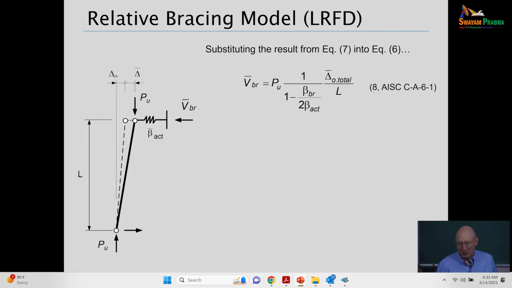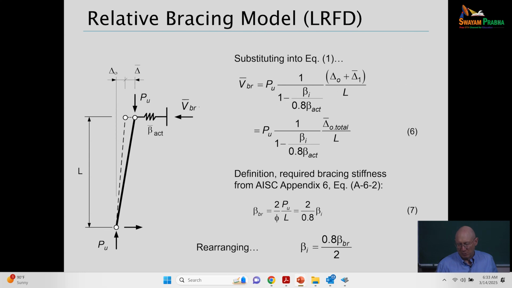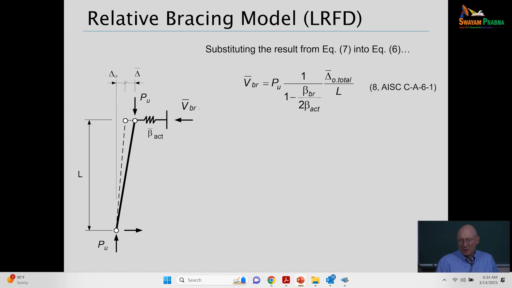And if we substitute that result from equation 7 into equation 6, beta I equals 0.8 beta BR over 2, then we get this form, which shows up as equation C-6-8-1 in the commentary to AISC.